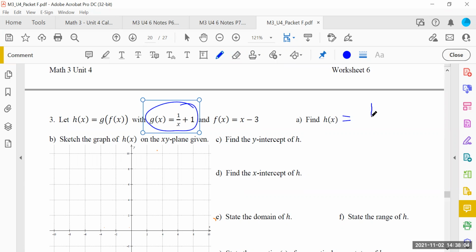So 1 over something plus 1, and that something is x minus 3. Sorry, not f of x plus 3, getting ahead of myself. X minus 3.